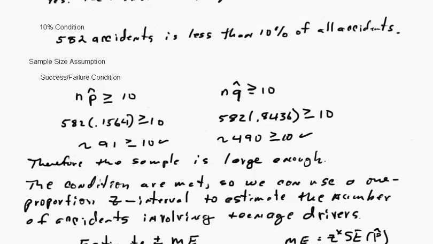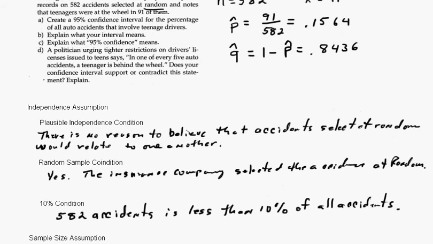Okay, I don't want to drag this video out too much longer, but there's one last part. A politician urging tighter restrictions on driver licenses issued to teens says, in one of every 5 auto accidents, a teenager is behind the wheel. Does your confidence interval support or contradict this statement?